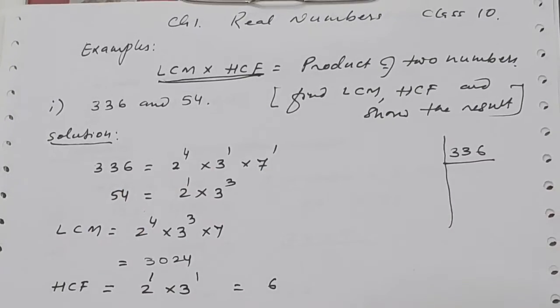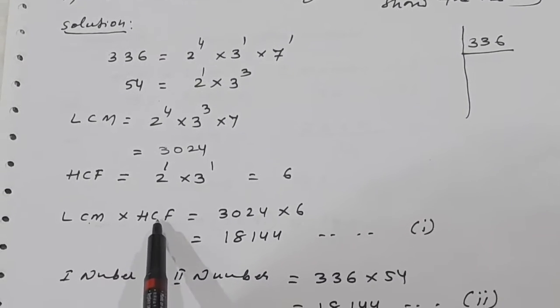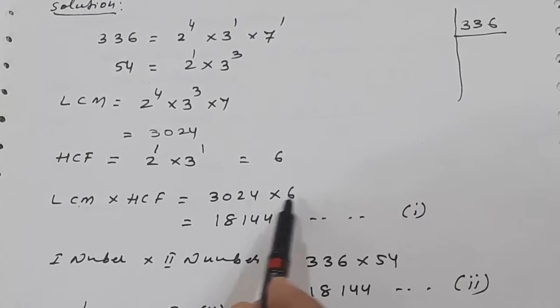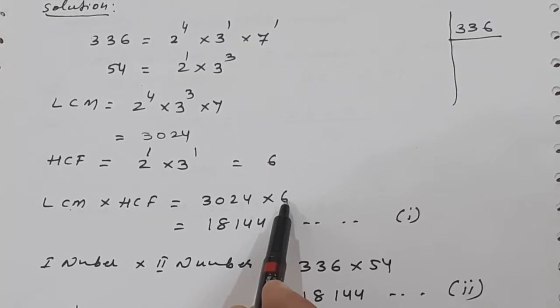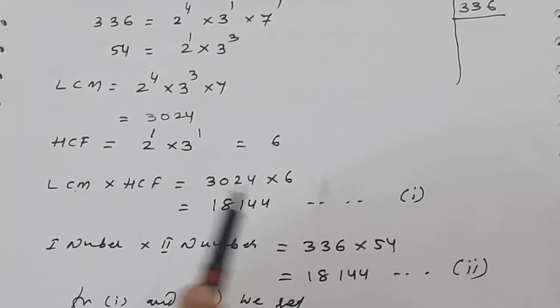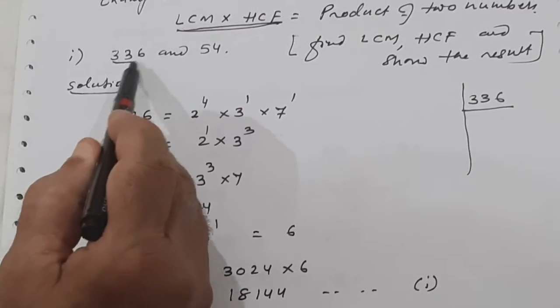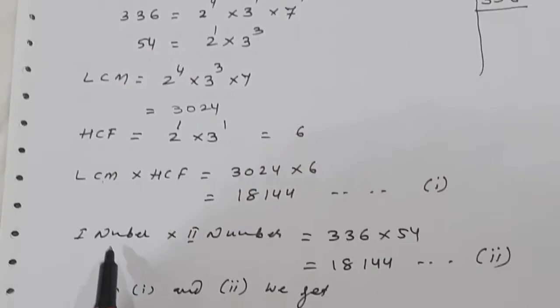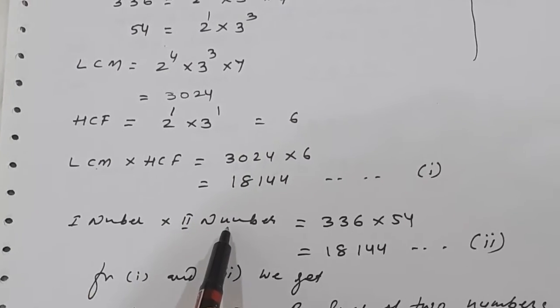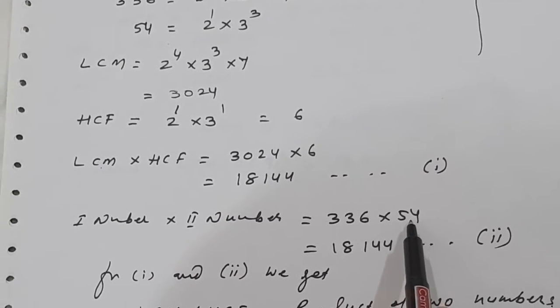Now we'll take the left hand side. We have to verify this. So the left hand side is LCM into HCF. So 3024 is the LCM multiplied by the HCF, that is 6. We get 18,144. Now take the product of two numbers. Which are the two numbers? 336 and 54. So first number into second number. 336 multiplied by 54.